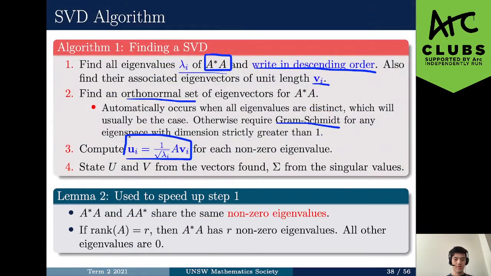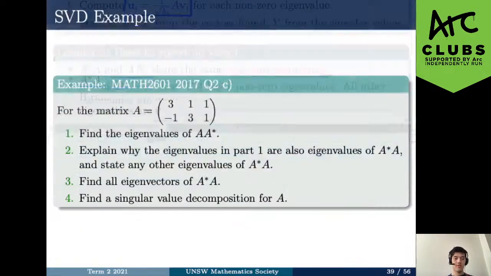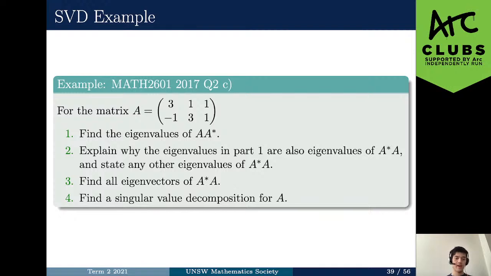Okay, we'll just do an example for this. Some interesting results we have is that A star A and A A star have the same non-zero eigenvalues. We'll look at why this is good in a moment. So we have this matrix here, and we want to find the eigenvalues of A A star. Basically this entire question is about finding a singular value decomposition.